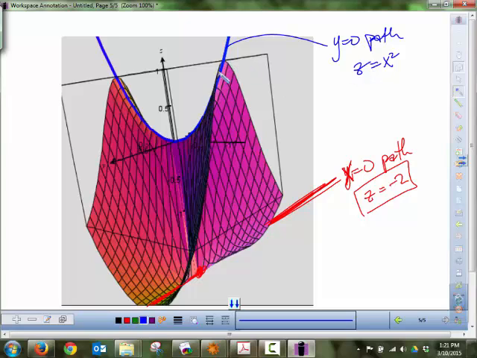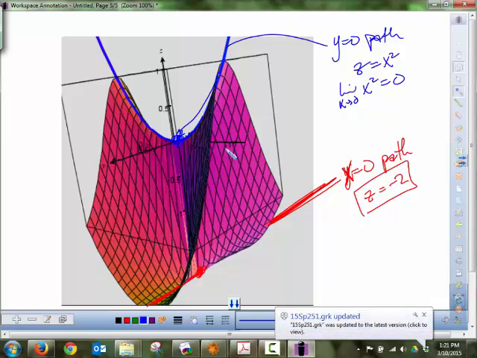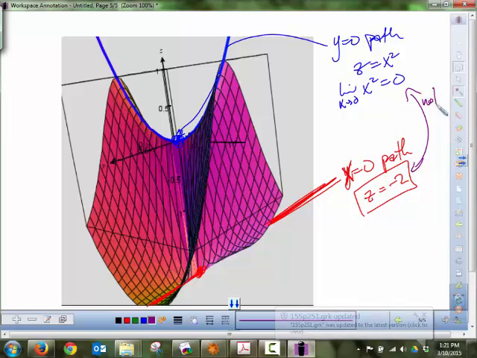And then the lowest you can get is 0. And these two are not equal. And you can see that in the graph.